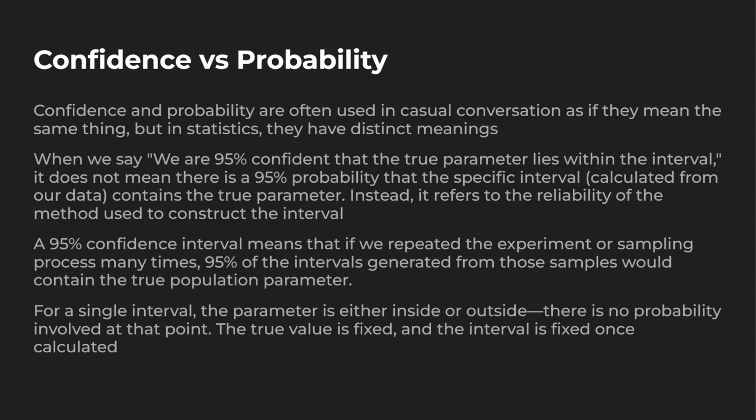Instead, it refers to the reliability of the method used to construct the interval. A 95% confidence interval means that if we repeat the experiment or sampling process many times, 95% of the intervals generated from those samples would contain the true population parameter. For a single interval, the parameter is either inside or outside it. There is no probability involved at that point. The true value is fixed. The interval is fixed once calculated.